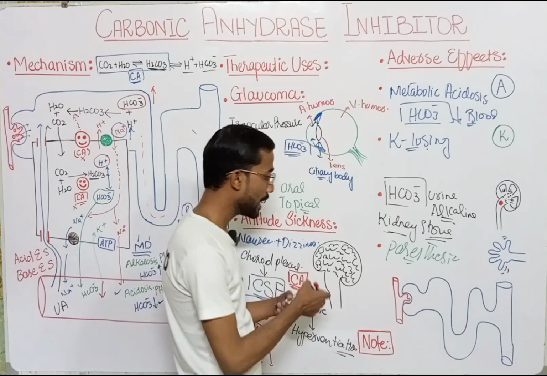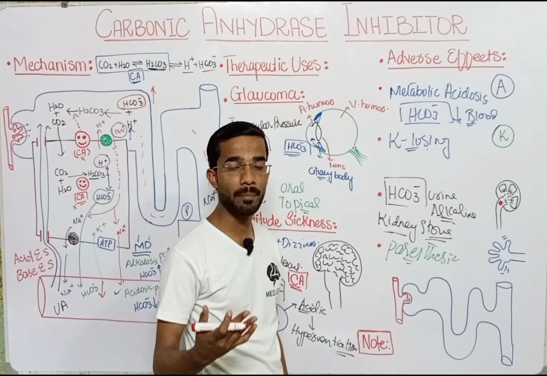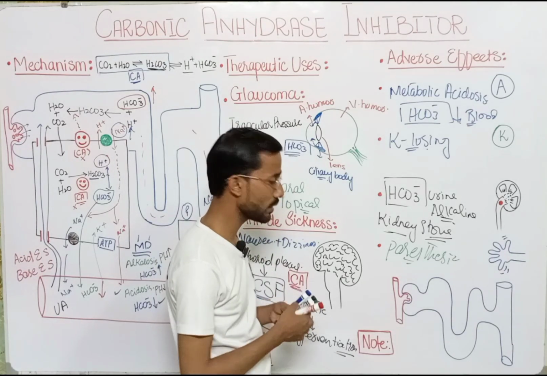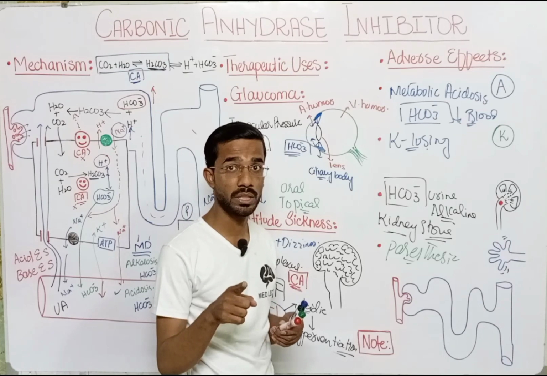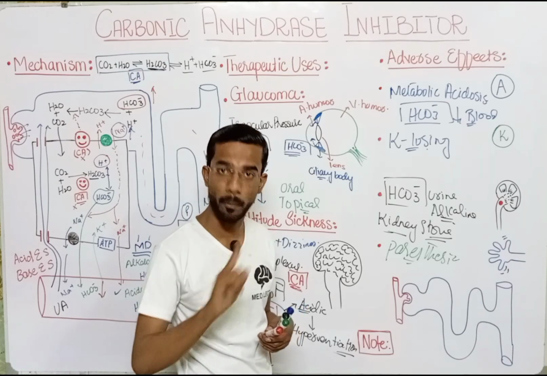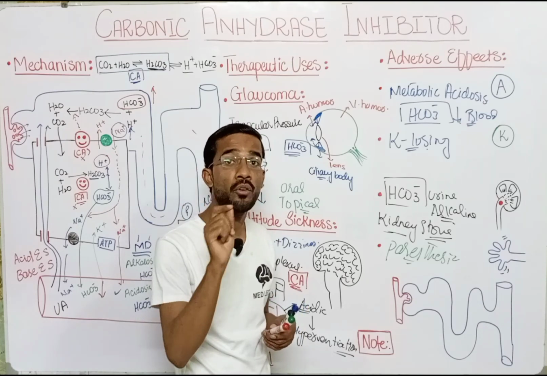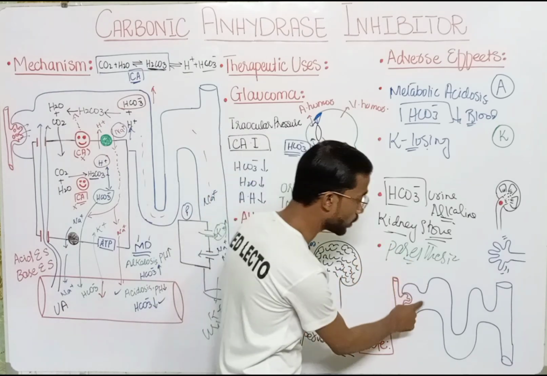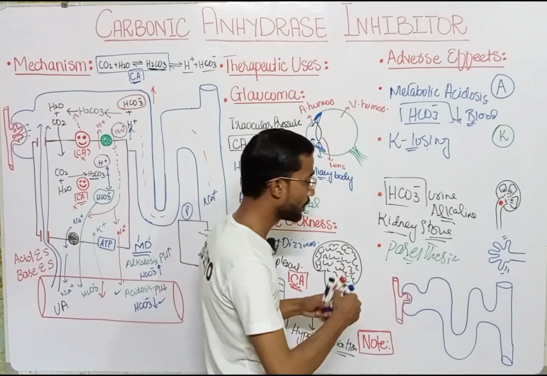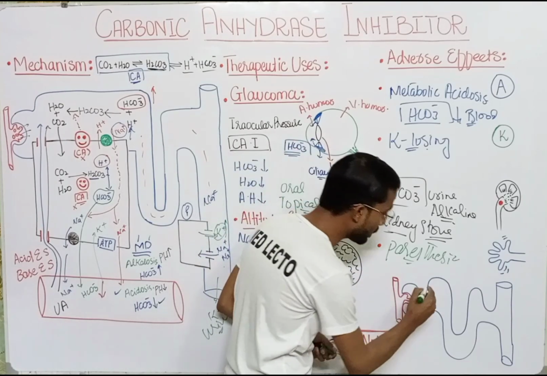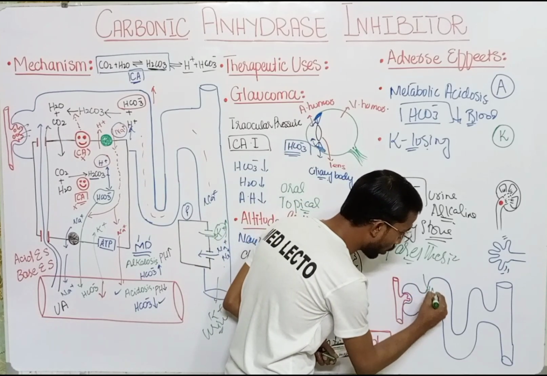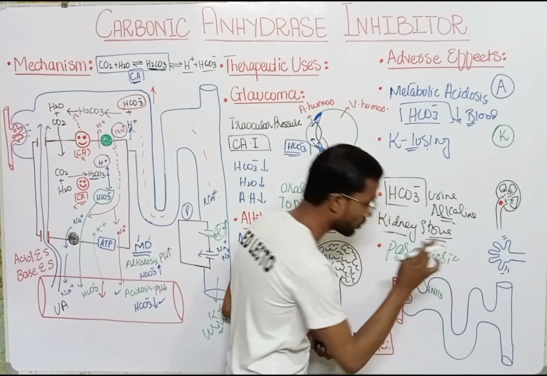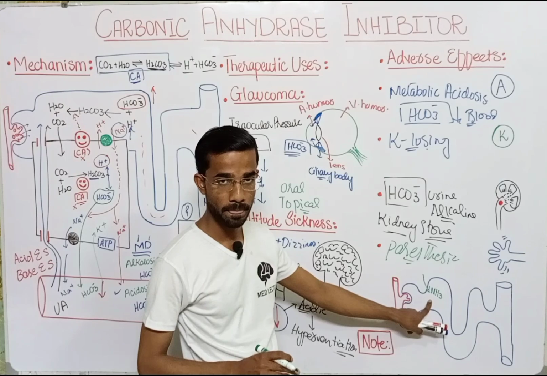If we take hepatic cirrhosis, the liver is not functioning properly, then a lot of ammonia, NH3, will be lost in the tubule.